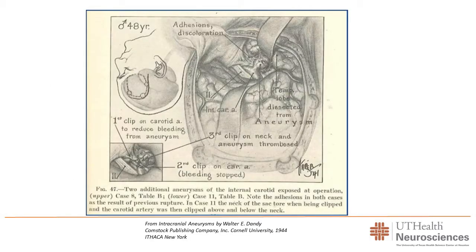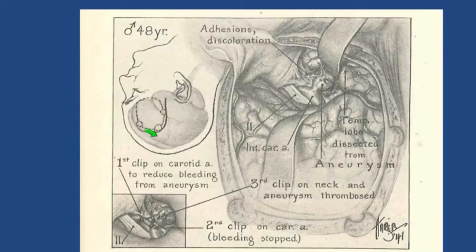This is a picture of a clipping done way back when. This was done by Dr. Dandy, again from that original book. It's a little different now, but some of the things I want you to think about, this is in a different location, but for all of these surgeries, the incision is done behind the hairline, so cosmetically there are no scars that are visible.